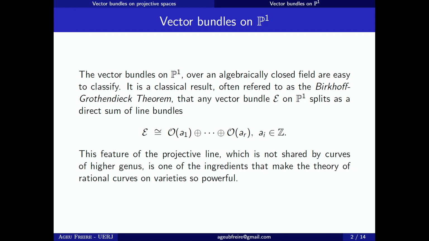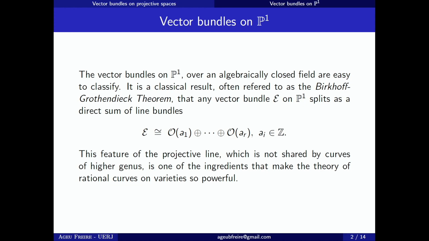It says that every vector bundle on the projective line splits as a direct sum of line bundles. What it means is that there exist integers A1 up to AR such that we have these isomorphisms.